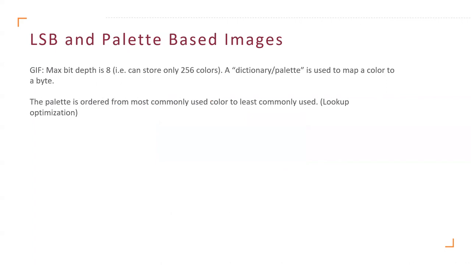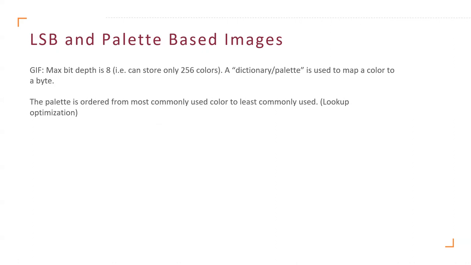So now comes LSB and palette-based images. This particularly talks about the GIF format. How GIF works is a GIF image can only store 256 colors maximum. And in the beginning of the image, there is a dictionary or a palette which maps an 8-bit number to the color. So basically, one out of these 256 colors can be used inside the image.